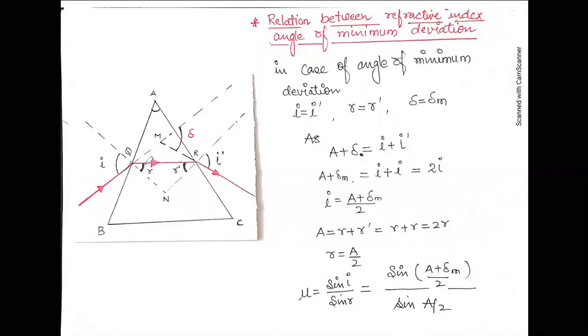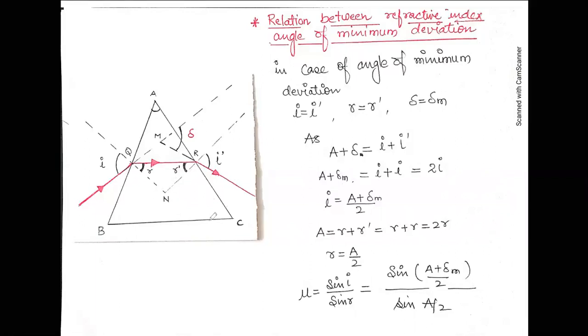Now this ray moves further and is incident on the surface AC and moves outside, that is into a rarer medium, and moves away from the normal. This ray incident on surface AC makes an angle R dash with the normal, which is the angle of incidence of the ray with the normal.